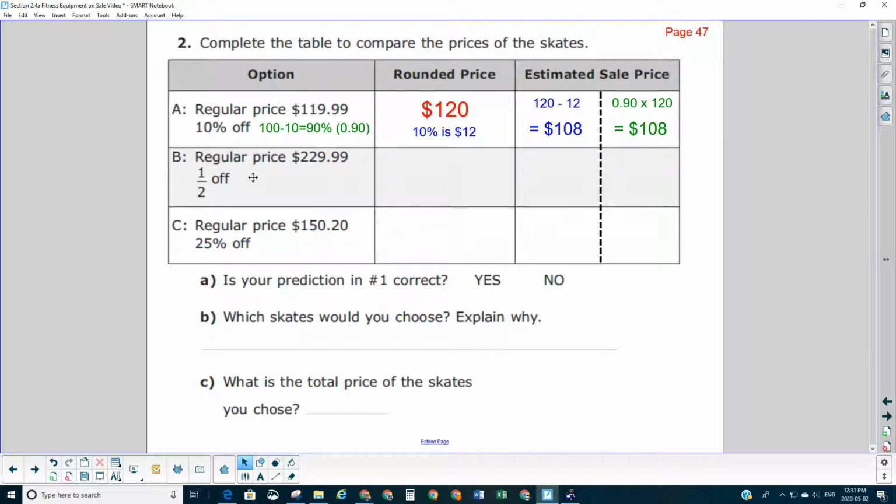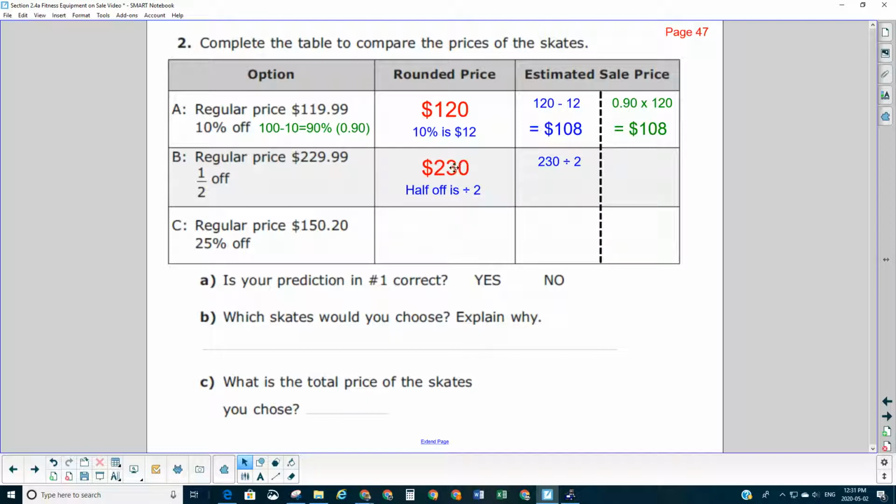Let's try the second option of pair of skates, $229.99, and it's half price. So that's easier if we deal with $230. And half price means that you're just going to divide it by 2. Half off means divide it by 2. So we're going to go off and do 230 divided by 2. And again, you may be able to do this in your head. If it was $200, you divide it by 2, that'd be $100.